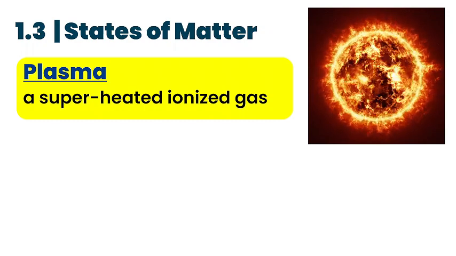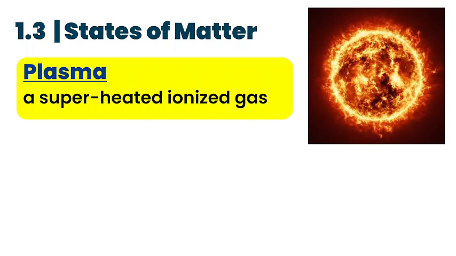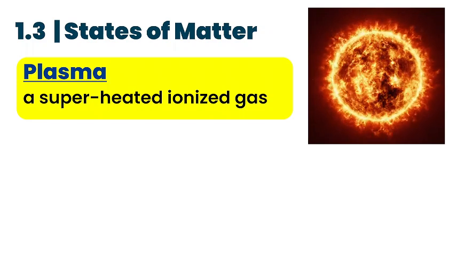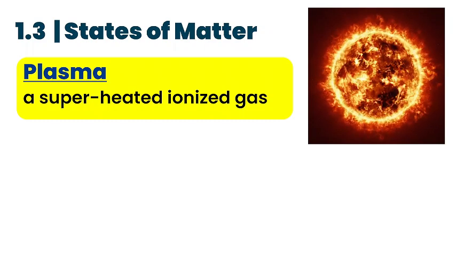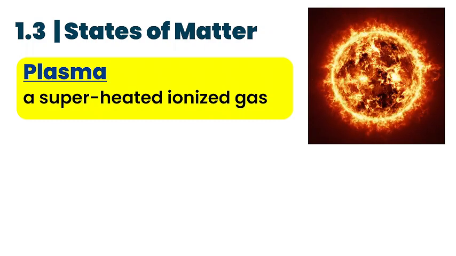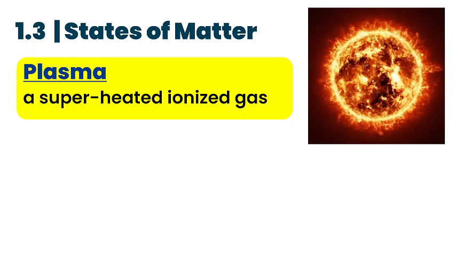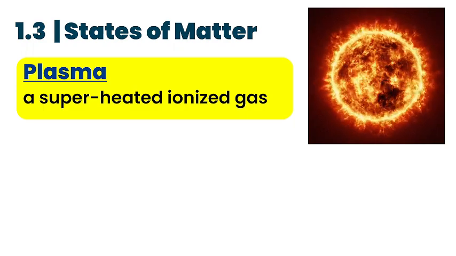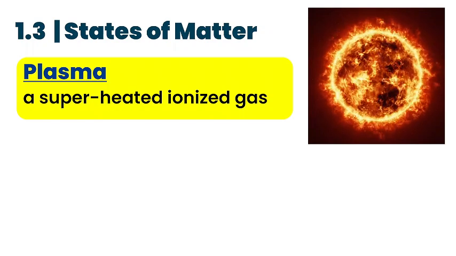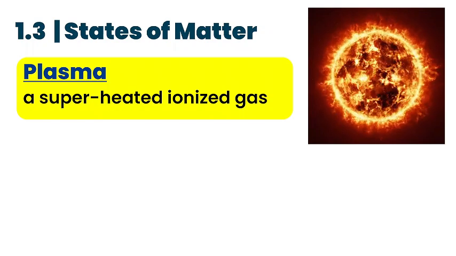So aside from the sun and every star, lightning is also a manifestation of plasma. When electricity flows through the air, the gas in our atmosphere, or the air itself, becomes ionized as a consequence of the high energy flowing through it.